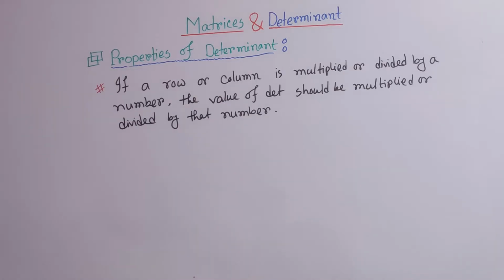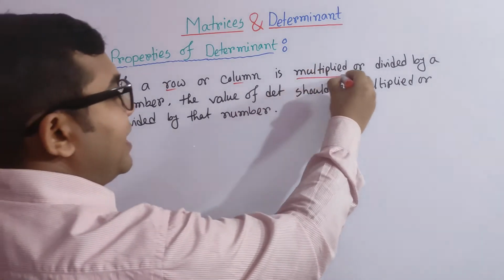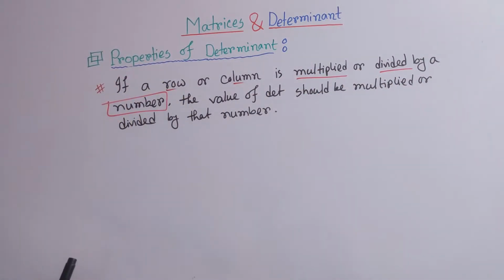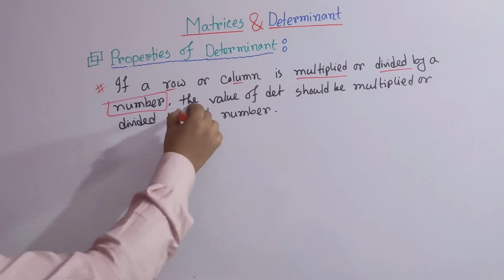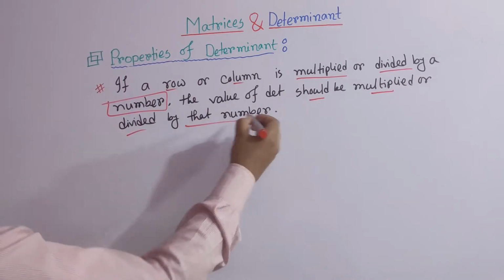So our following rule looks like this: if a row or column is multiplied or divided by a number, then the value of the determinant should be multiplied or divided by that number.